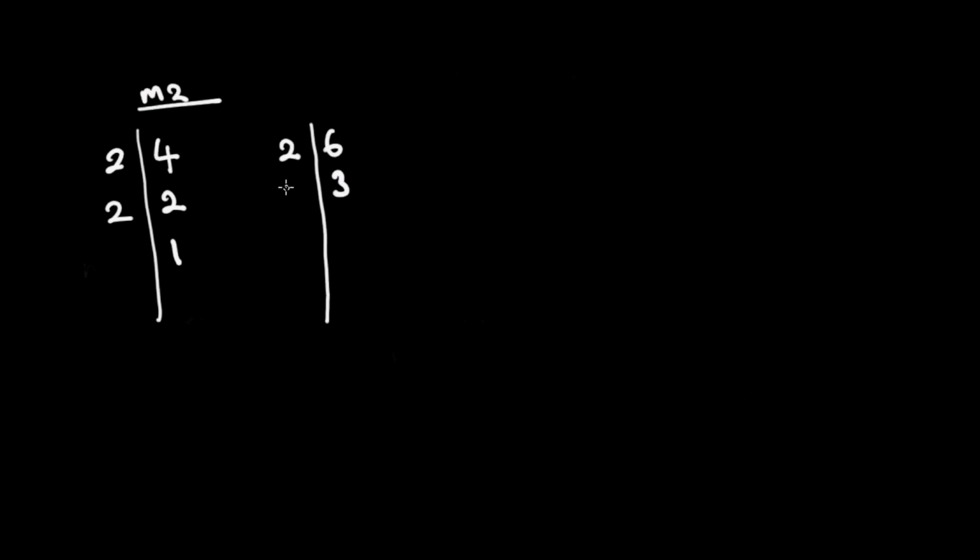We take 4 and then take 6 as well. Then we look for the lowest factor that goes into 4, obviously 2. 2 into 4, the 2. 2 into 2, the 1. Then for 6, first we put 2. 2 into 6, the 3. 3 into 3, the 1.